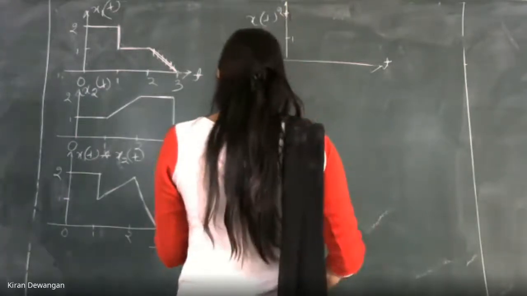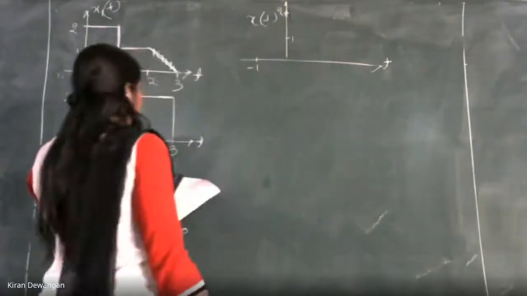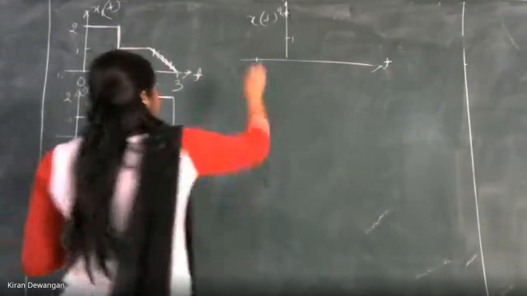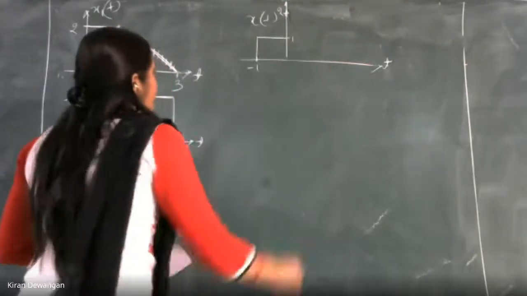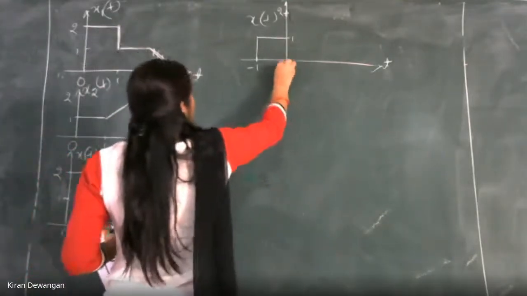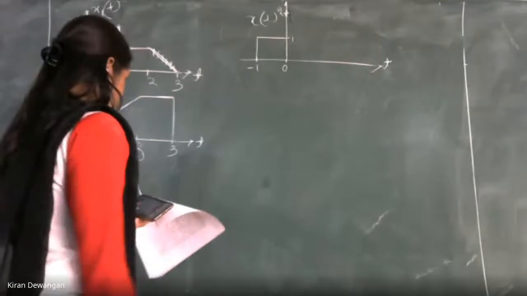Okay, so it is starting from -1. This is a constant value 1 between -1 to 0.